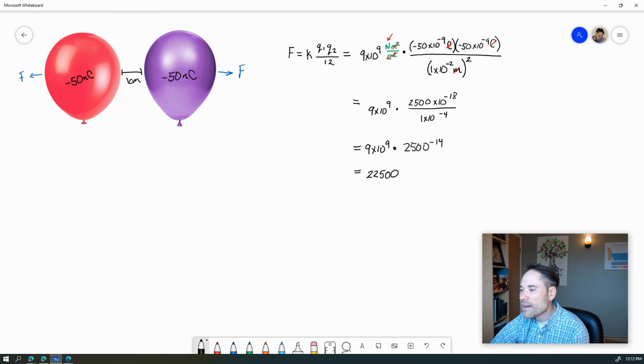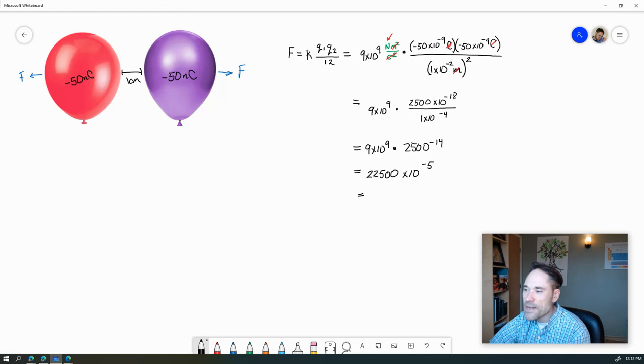You could do that on a calculator if you want to, or you could figure out that 25 times 9 is 225, and then I've got a couple extra zeros at the end of things as we go. So this is what I've got as a whole, and I'm going to go ahead and then take the exponents, and remember I add the exponents when I do it this way. So this is going to be times 10 to the, and if I add these two things, I get to the negative 5.